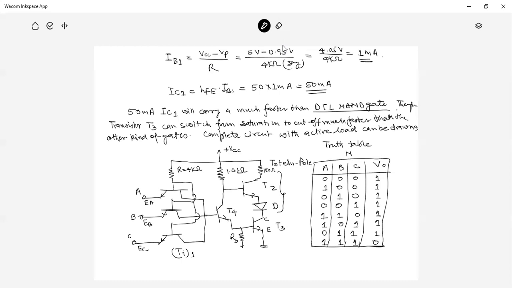So this is a table of NAND gate using transistor logic.